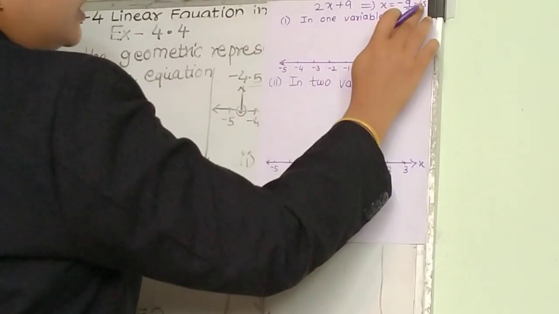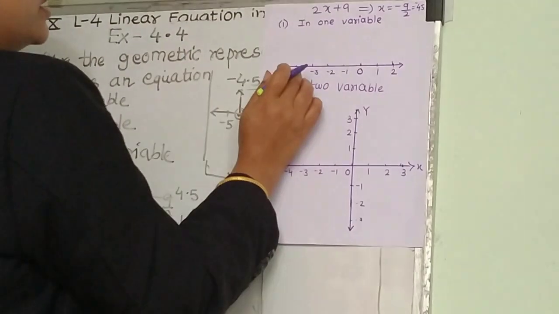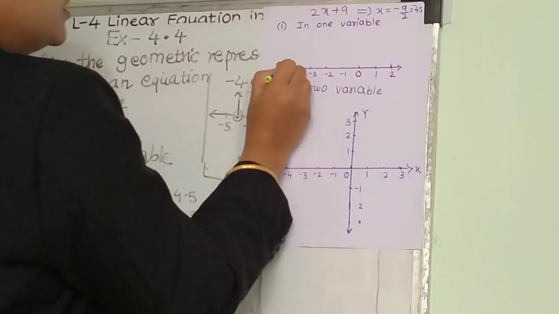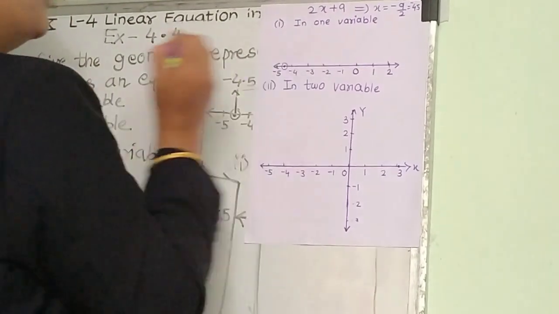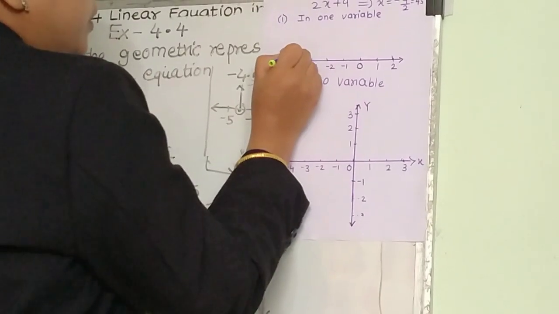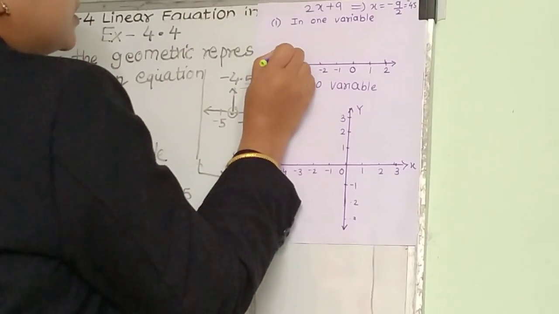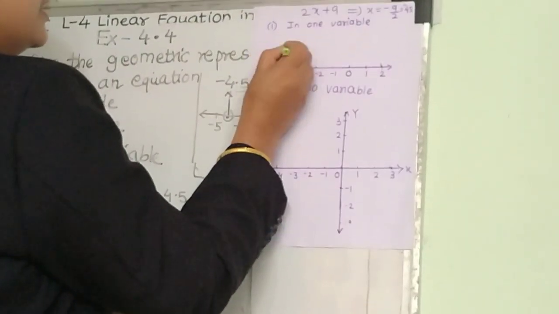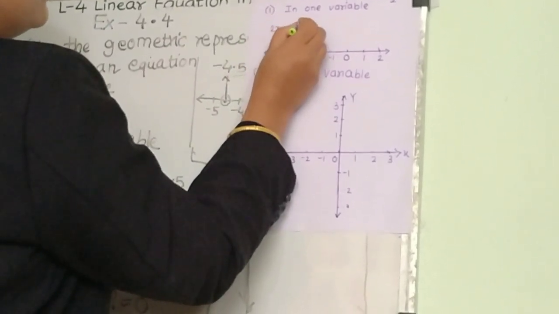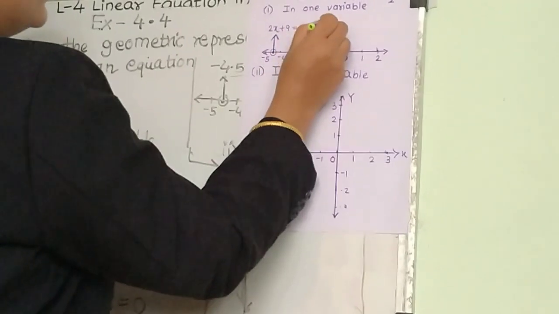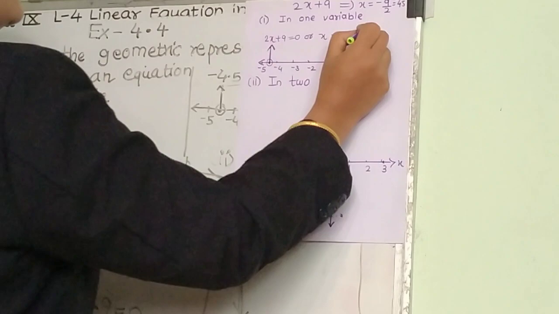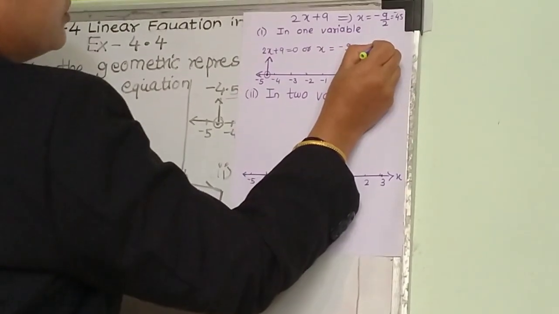Now x equals minus 4.5 will come in the middle of minus 4 and minus 5. So at this point our point lies. This will be the geometrical representation of the given linear equation, that is 2x plus 9 equals 0, or x equals minus 9 by 2, or minus 4.5.